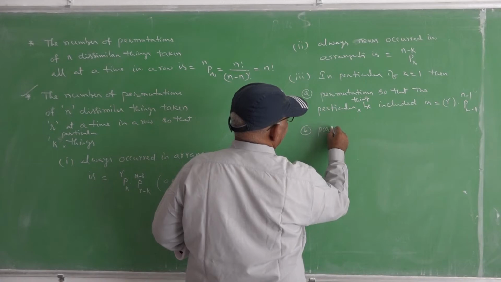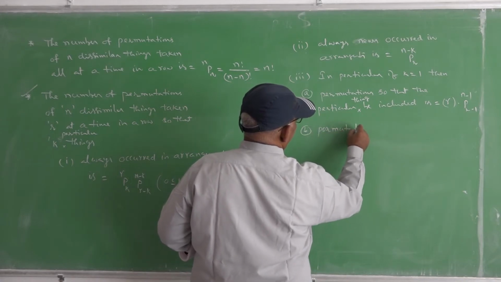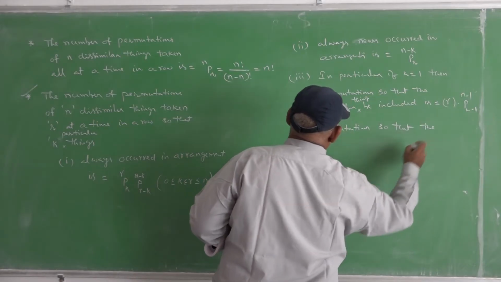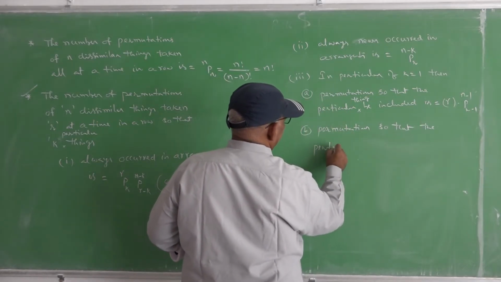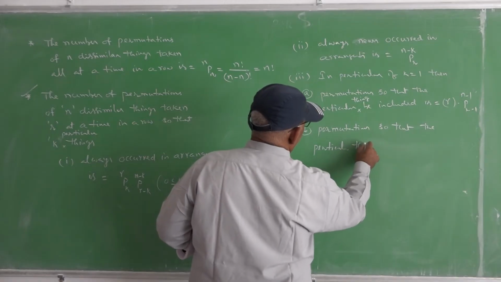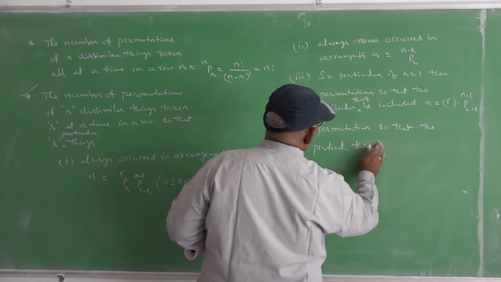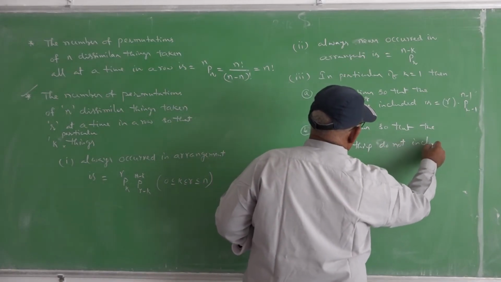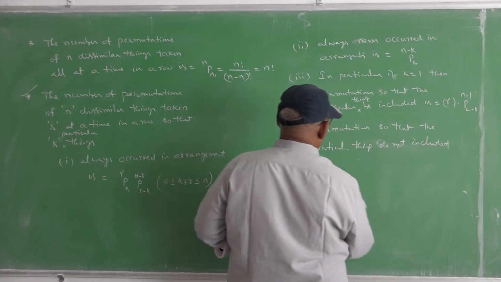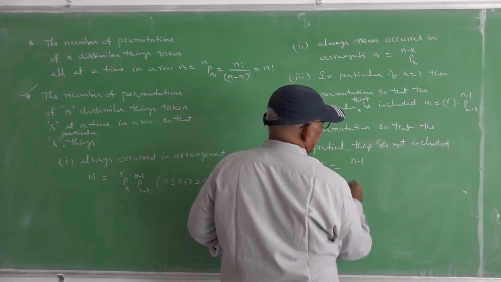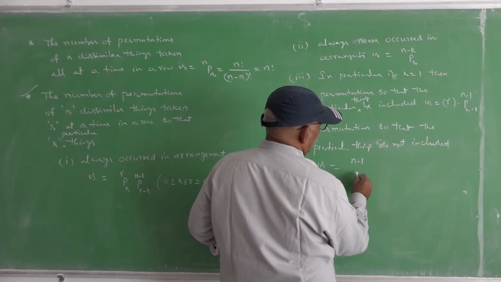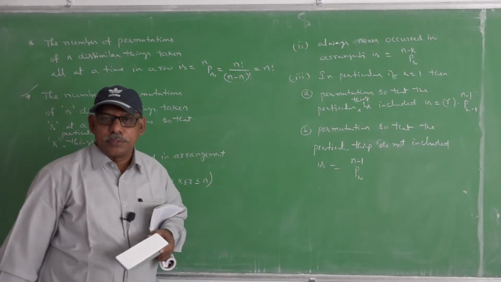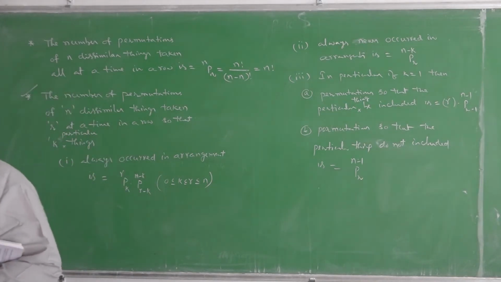And the number of permutations so that the particular thing is not included is: excluding that particular thing out of the total number of things and arranging r things in a row, that may happen in n minus 1 P r ways.